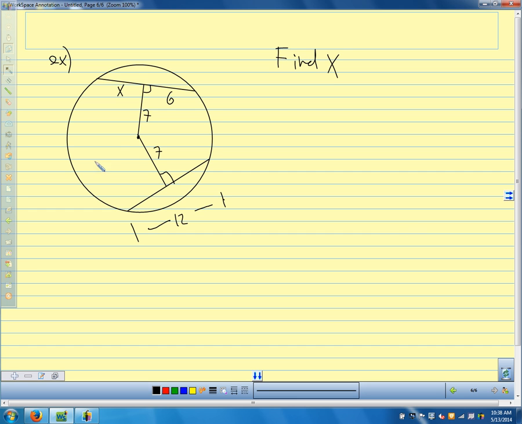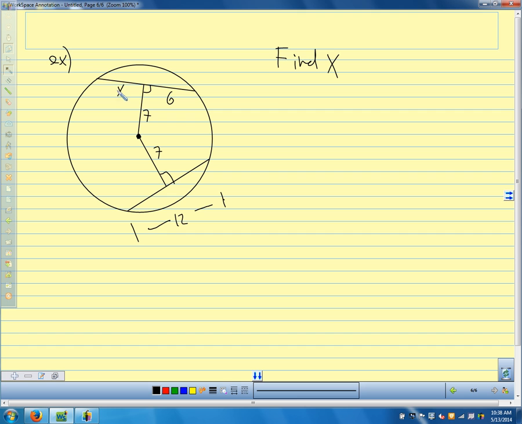So we look at this picture, and the first thing that I see is we have a perpendicular segment from the center to my chord, and they're both the same length. That tells me that the chords are the same distance from the center. So what does that tell us about the chords? They're congruent. They have to be the same length. If this one is 12, this one has to be 12 units long. So what does that mean?